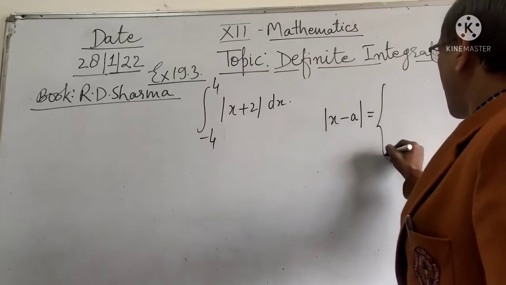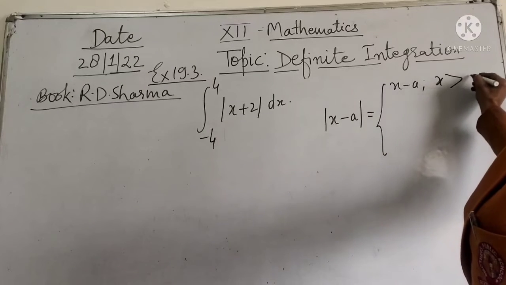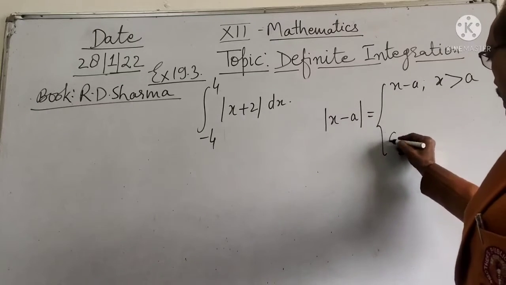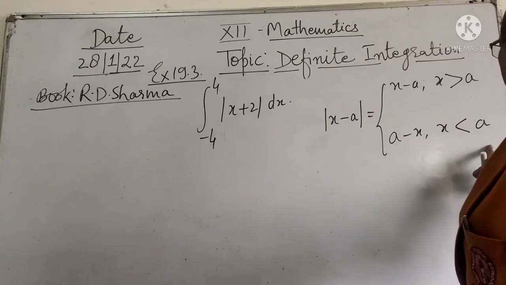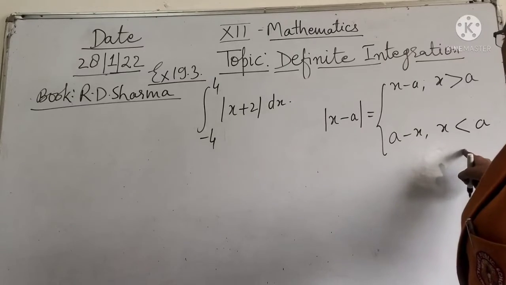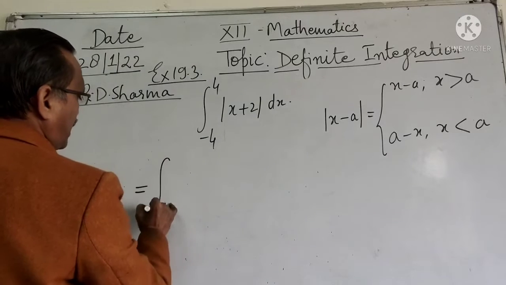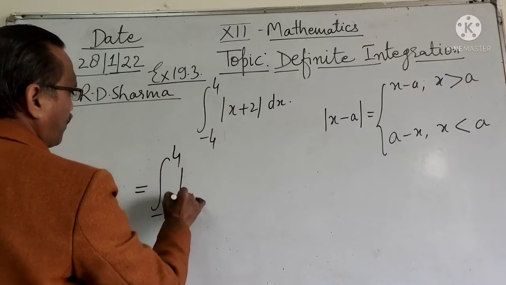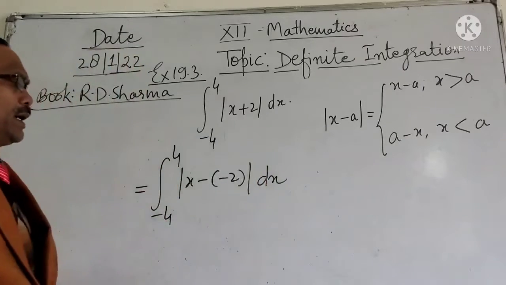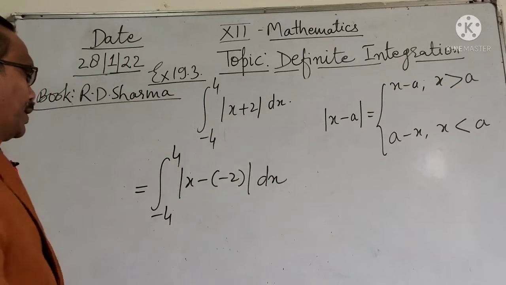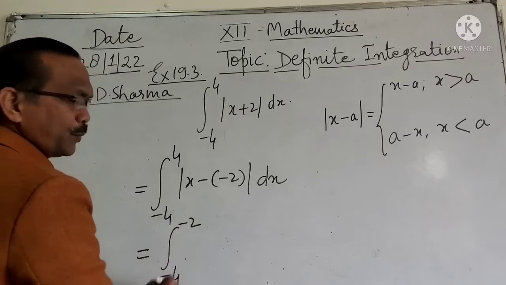It is x minus a when x is greater than a, or it is a minus x when x is less than a. Therefore, we will write minus 4 to 4 mod x minus minus 2 dx. Here a is minus 2.